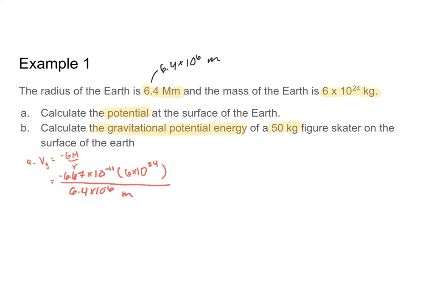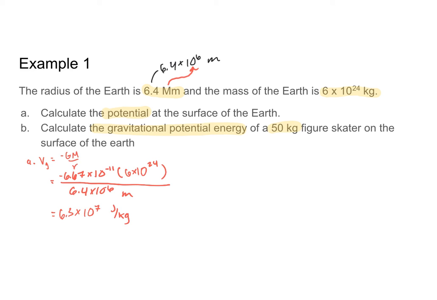Note that I am converting from megameters to meters, and that capital M is what gives us our 10 to the 6th. Thus, our gravitational potential is negative 6.3 times 10 to the 7th joules per kilogram.